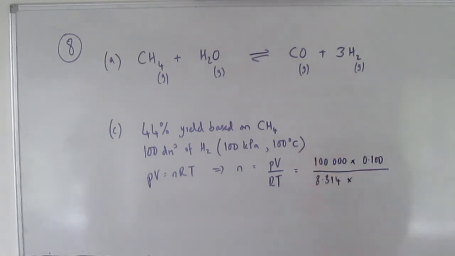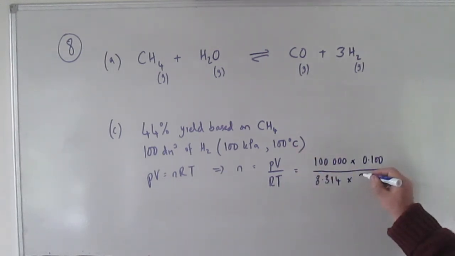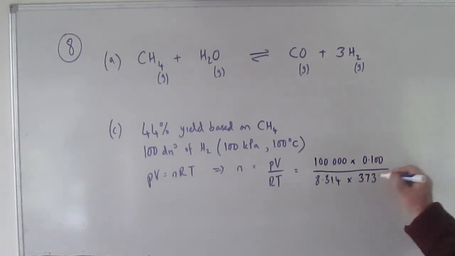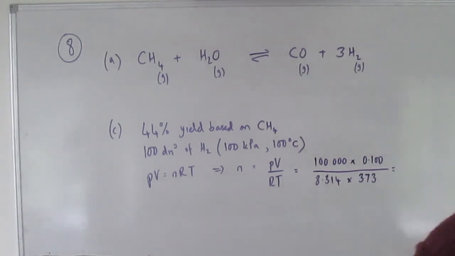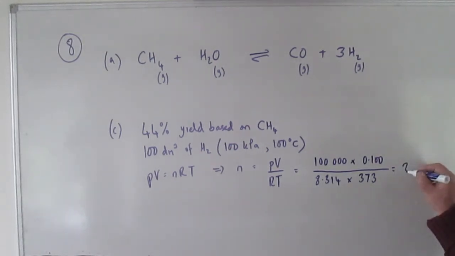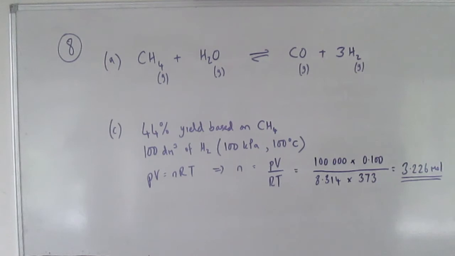So 100 degrees C, we add 273 to that and get 373, and those are the numbers. So we plug those numbers in and we get 3.226 moles. So that's the number of moles of hydrogen that we need to produce.